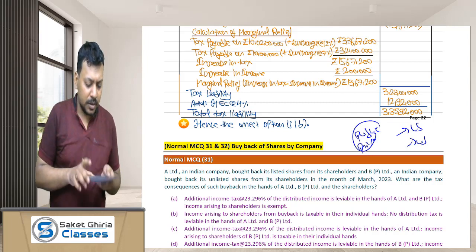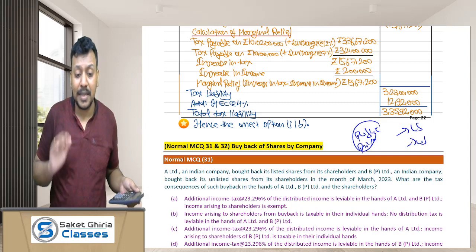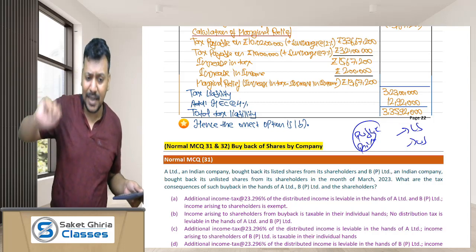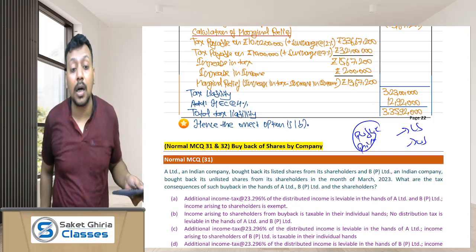I hope it is visible to everybody. 23.296% as an additional income tax, and that income is exempt in the hands of the shareholders.